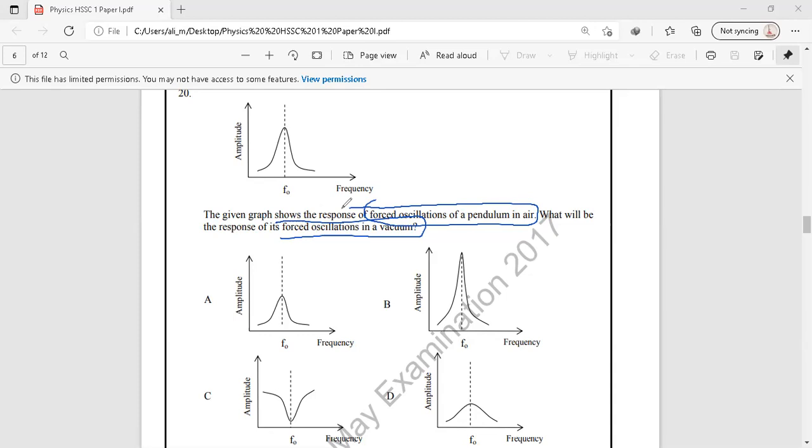If the same process is done in vacuum, where there is no air, there will be no air resistance or friction. Friction reduces the amplitude of the vibrating body, so if this pendulum oscillates in vacuum, the amplitude should be greater. The correct answer is option B, which has the maximum amplitude among these four options.